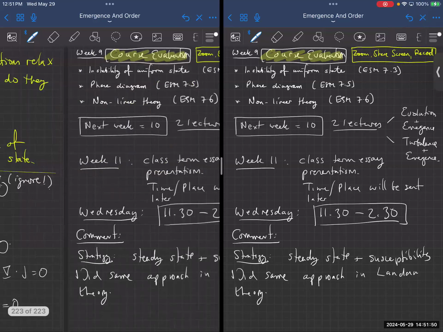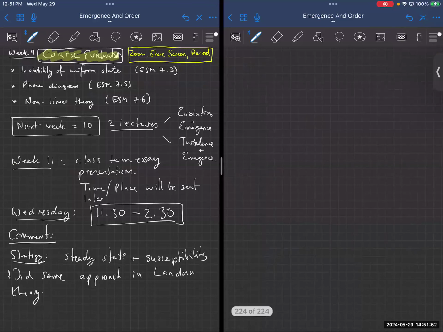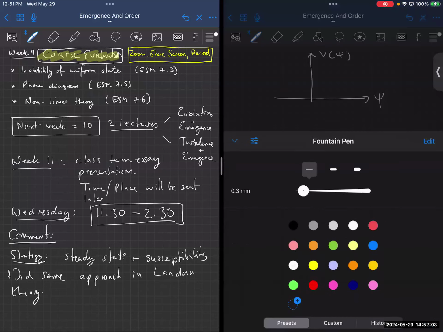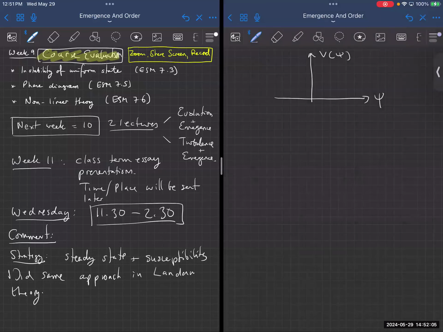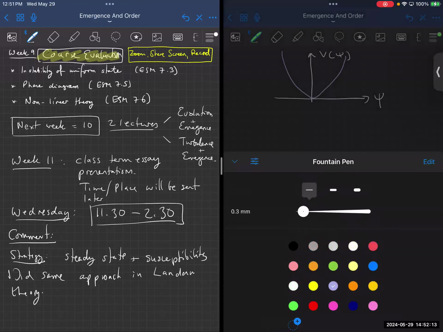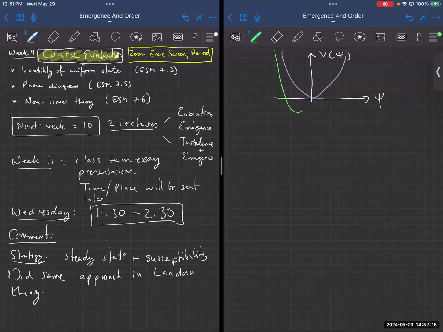So let me explain to you why I say that. In Landau theory, we had the following situation. Here was our order parameter. Here was the potential for that order parameter. And we looked at the system where it starts off in a state with no order, so psi is equal to 0, and then we change a parameter, and now the system looks like this.